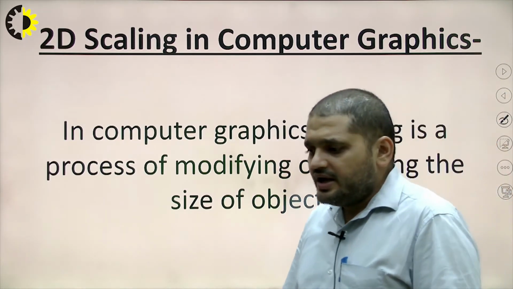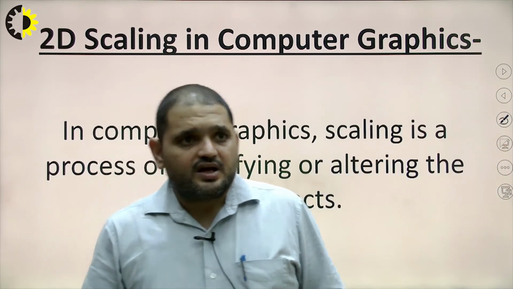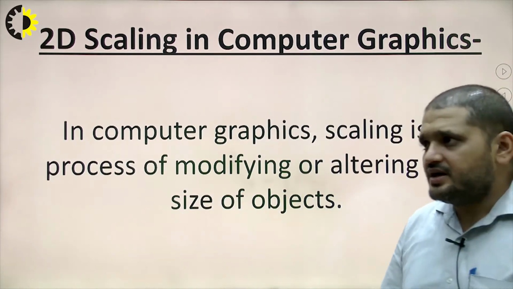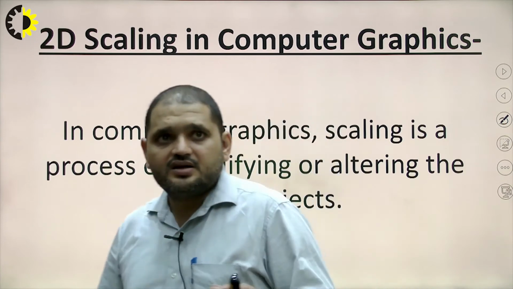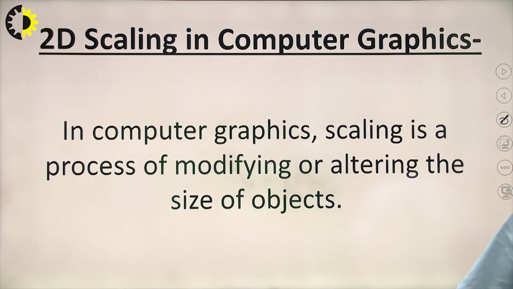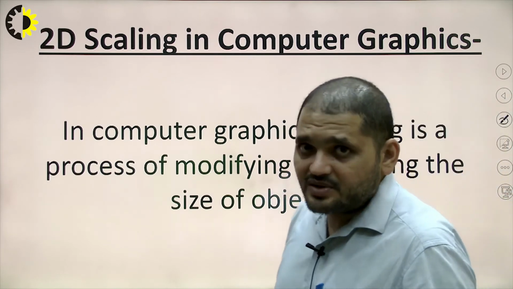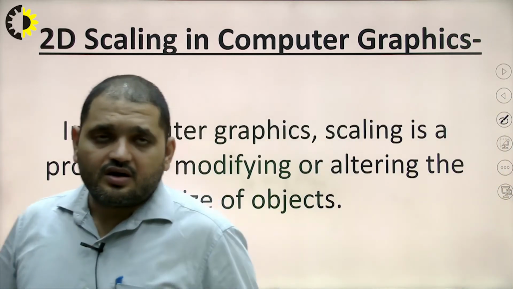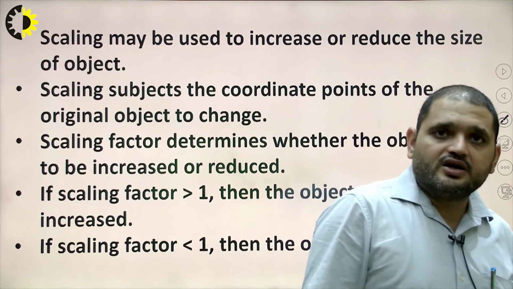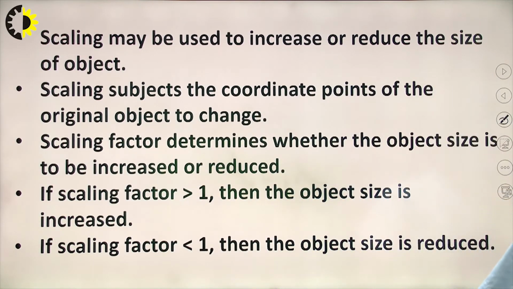If I have to increase or decrease the size of the object, we can do it by scaling. So in computer graphics, scaling is a process of modifying or altering the size of the object without disturbing the basic geometry of the object. Scaling may be used to increase or reduce the size of an object.